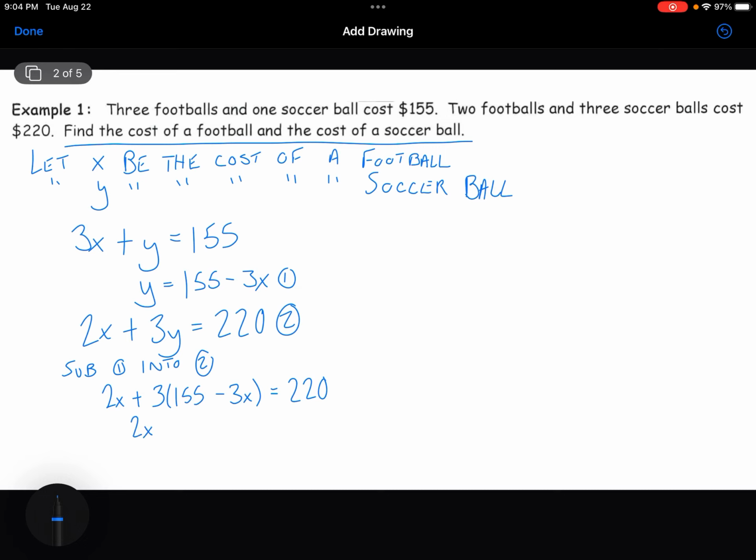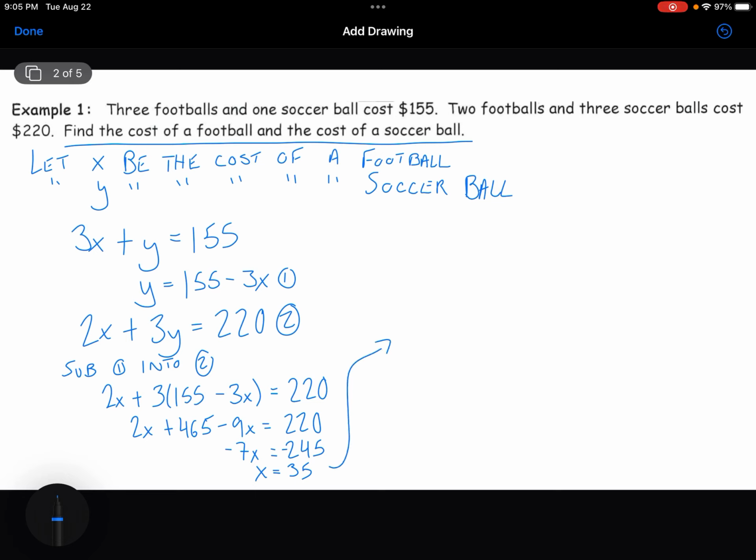So here we're going to get 2x plus 465 minus 9x equals 220. That's going to be negative 7x. We're going to bring the 465 over to the other side, make it negative. We're going to get negative 245. And then we're going to divide both sides by 7. And we're going to get 35. So we now have x is 35.